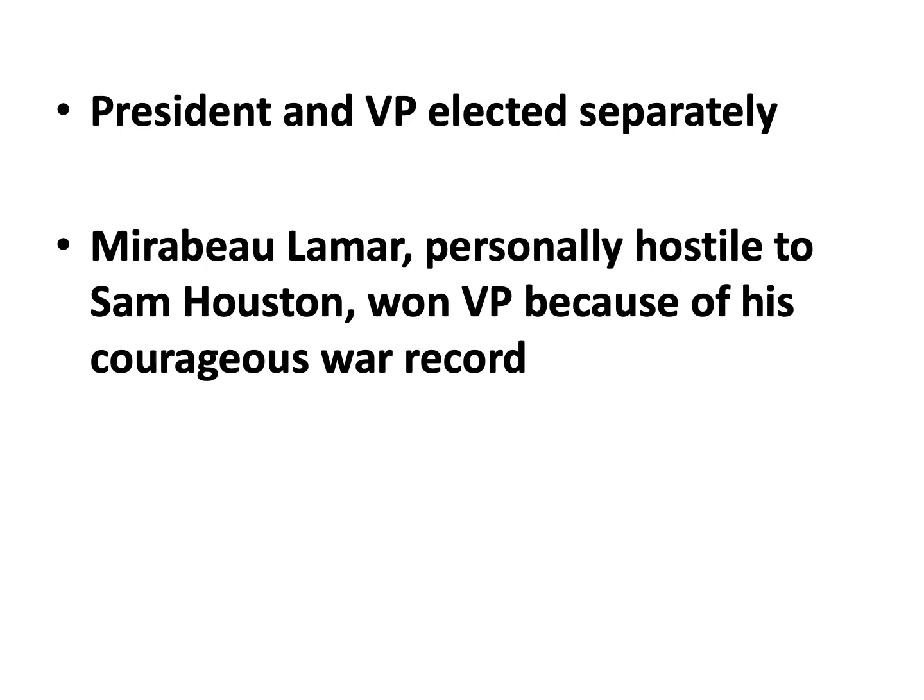Well, here back in Texas, Sam Houston won the presidency, but when people voted for the vice president, they elected Mirabeau Lamar, who was a personal enemy of Sam Houston. But Lamar was well known. There was a lot of name recognition because of his courageous war record.